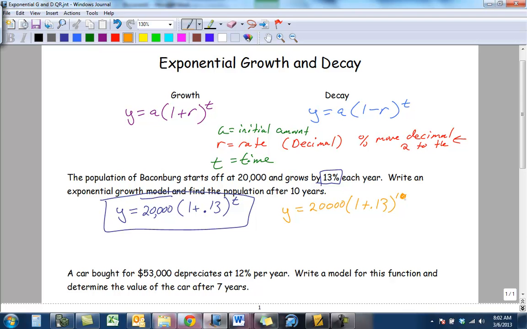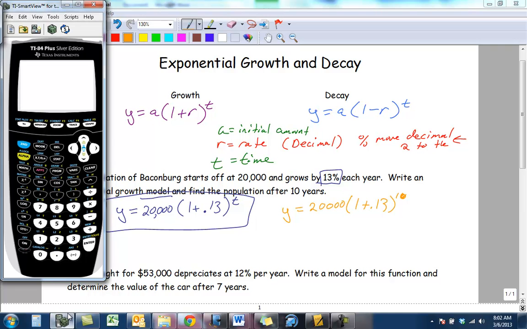If you get out your calculator, even your iPad calculator will do, plug this in exactly the way it looks here. Don't press enter, just put the whole thing in: 20,000, parentheses, 1 plus 0.13, close parentheses, raised to the 10th power, and that will give us 67,891.3 people.